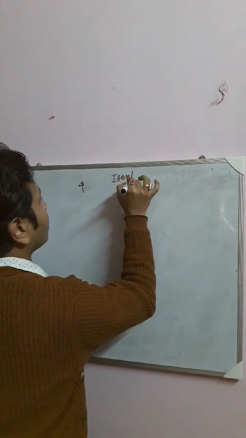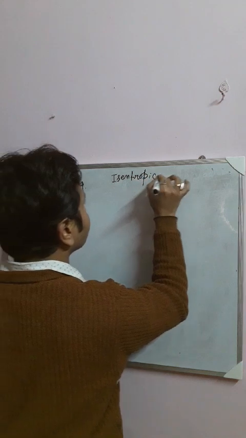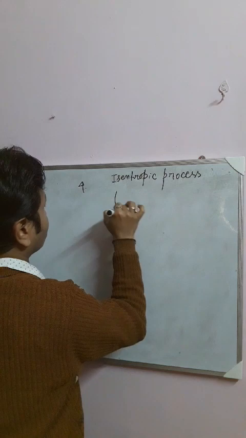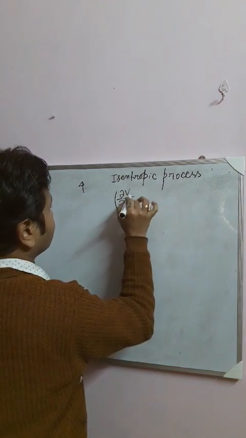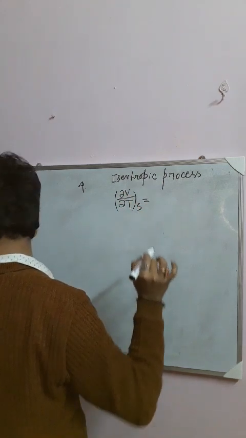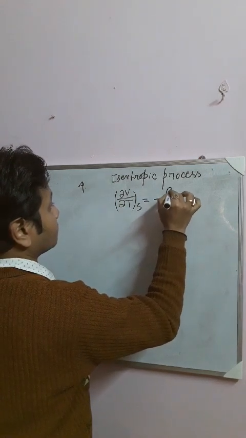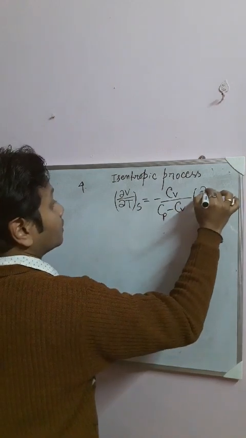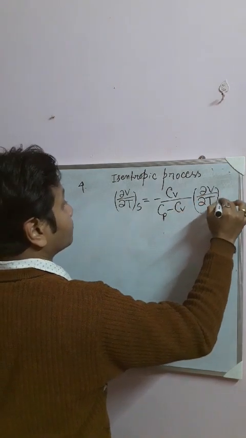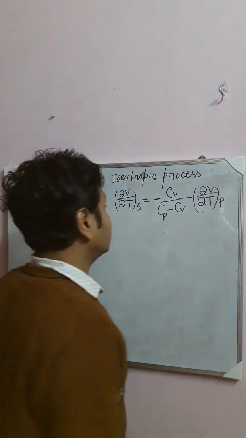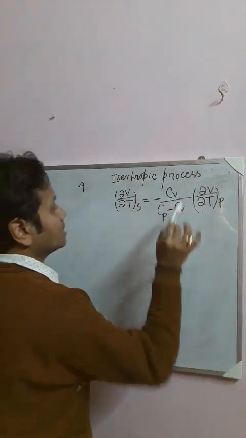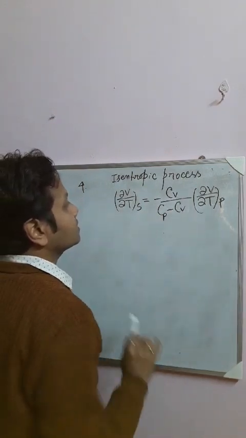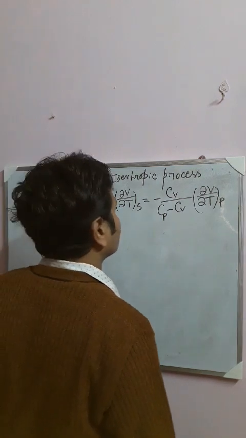For an isentropic process, we have to show that del V del T at constant S equals minus Cv by Cp minus Cv into del V del T at constant pressure. So for an isentropic process, del V del T at constant S equals minus Cv by Cp minus Cv into this. We have to show it.